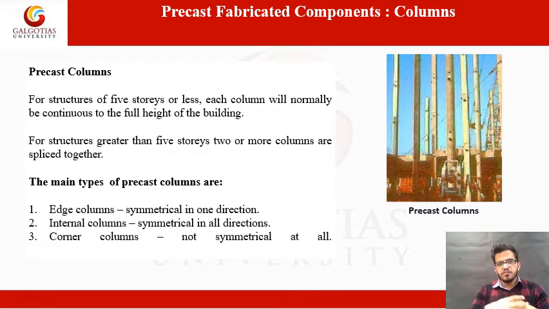Another typology of precast fabricated component is the precast columns. For structures of 5 stories or less, each column will normally be continuous to the full height of the building.